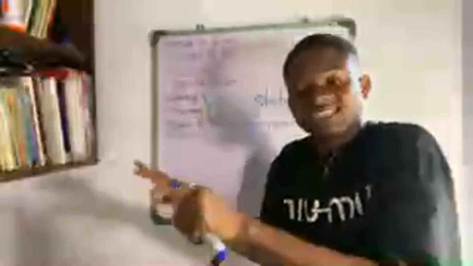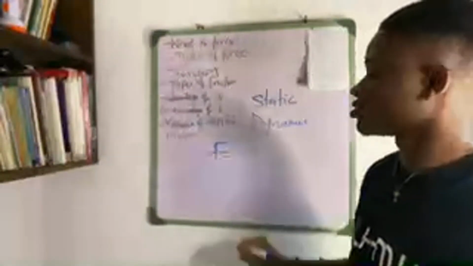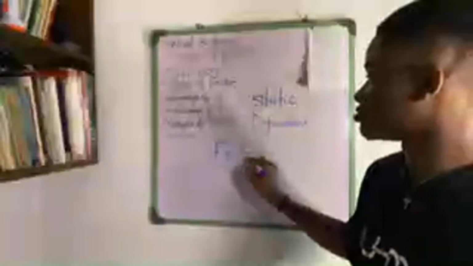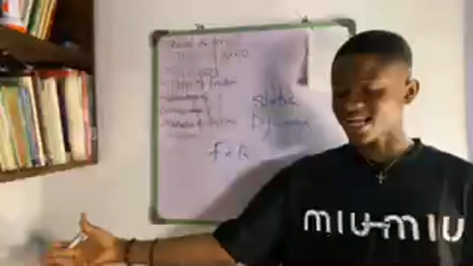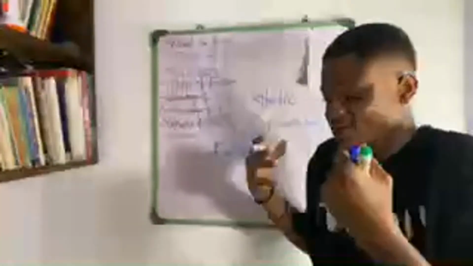The wheelbarrow is at rest, then I jack it up and push it, and I must put in effort to make the wheelbarrow start moving. So that is static friction. Static friction is the frictional force posed by a body that is at rest. The normal reaction is the reaction of the surface. The person is overcoming the frictional force.